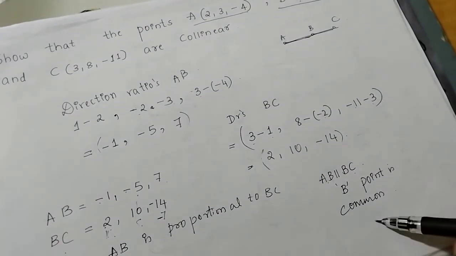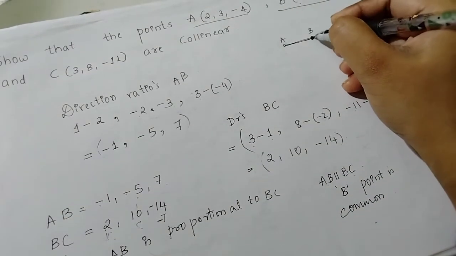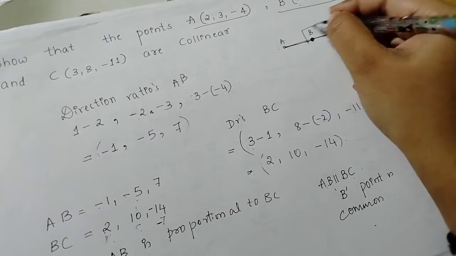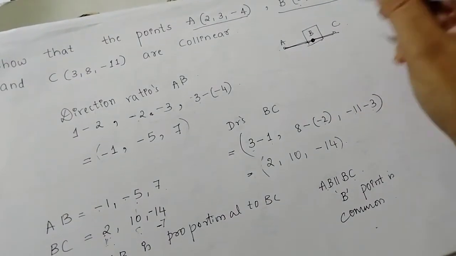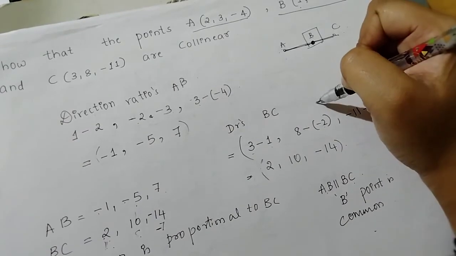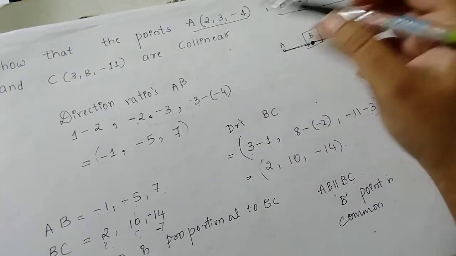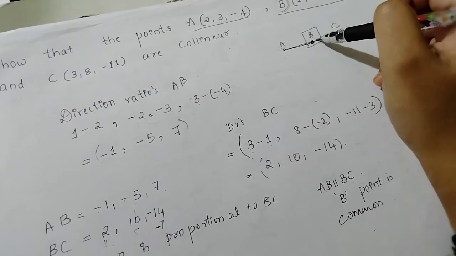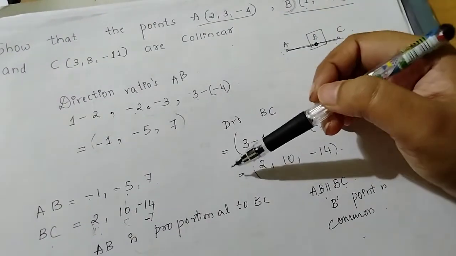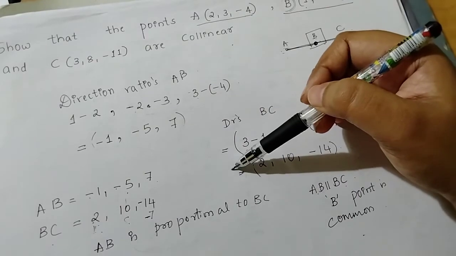So B is common, this is B point, common to both of these. It implies A, B, C are collinear. If you prove that one point is common, it will be collinear. So I am proving that the point B is common to AB and BC. Therefore, you have to prove it is collinear.